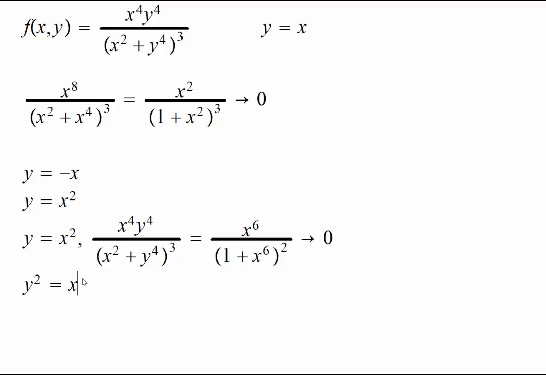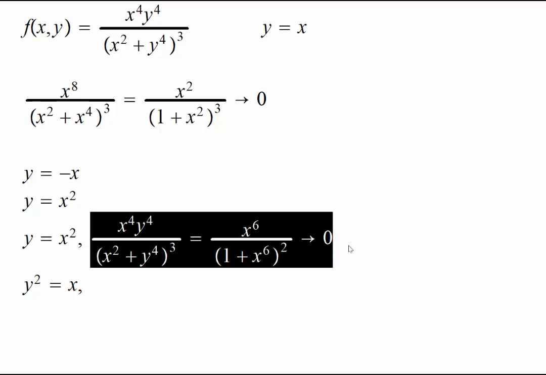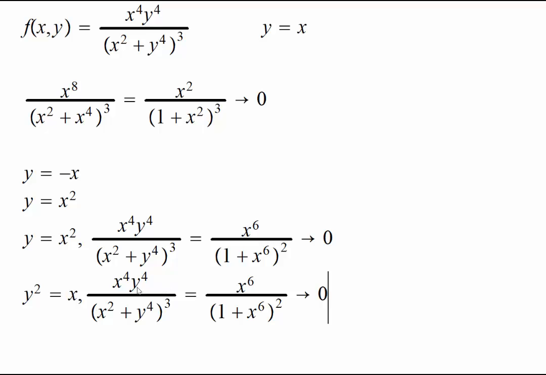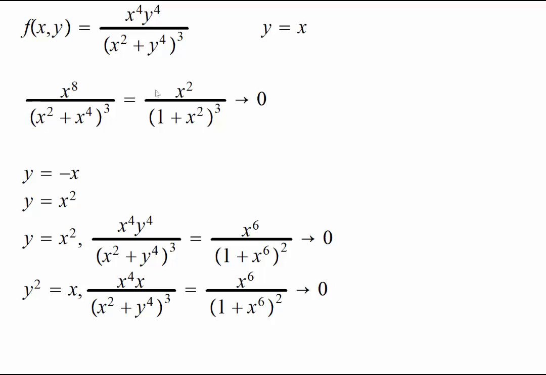So if y square equals x, then this guy would be, so what do we get? Y square is x, so that will be simply x square, right? This will be simply x square because y square equals x means y to the 4 equals x square. Okay, so what we get then is x to the 6 here.